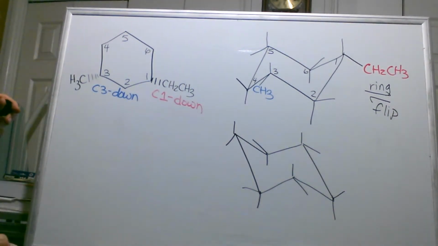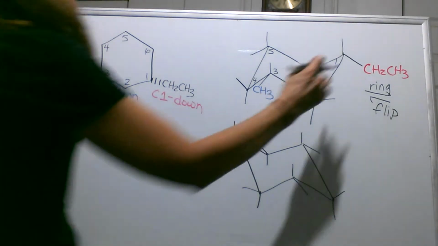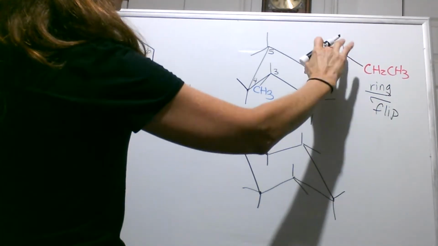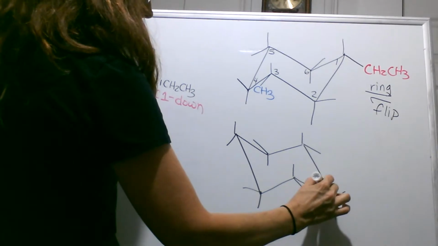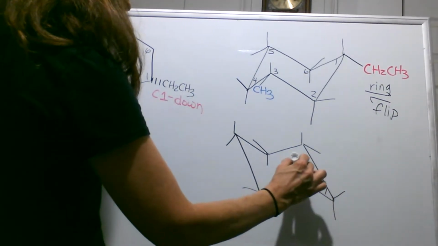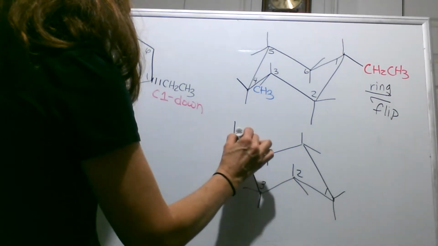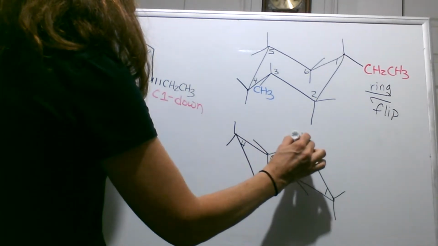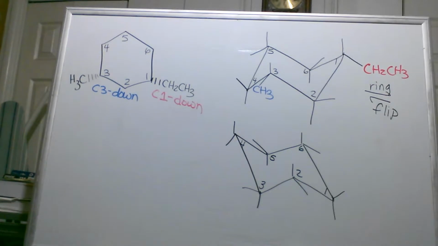And then the next thing we do is we number the carbons. Remember that this carbon that I have numbered 1 pulls down, so that carbon number 1 is now in this position. And then we just go through and number the carbons all the way around. Hopefully you're starting to find that this is getting easier and easier as you see this over and over again.